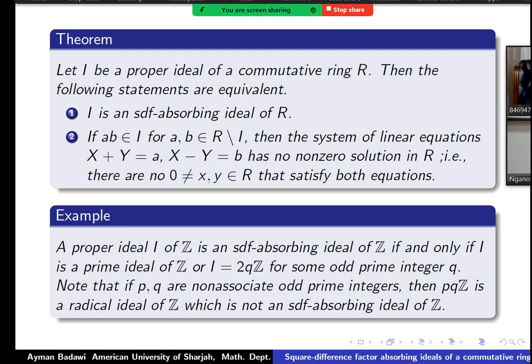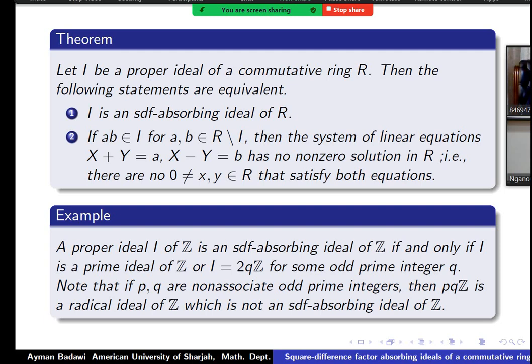And here is a condition that you may need to prove some of our results. This is like solving a system of linear equations. What does it mean for I to be a square difference factor absorbing ideal?